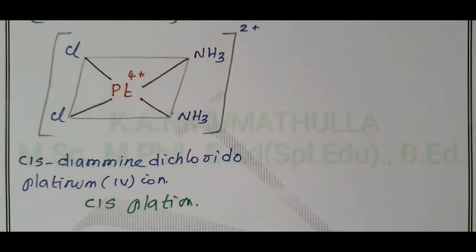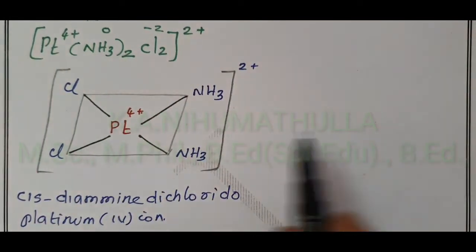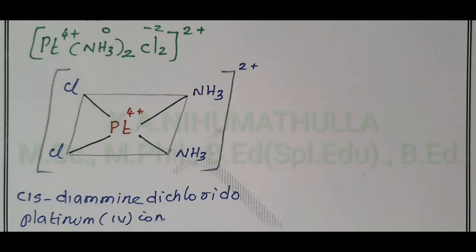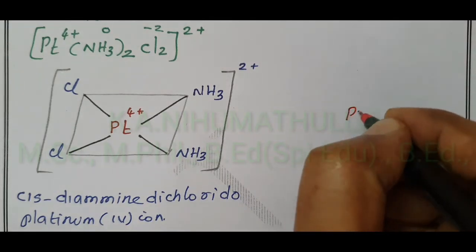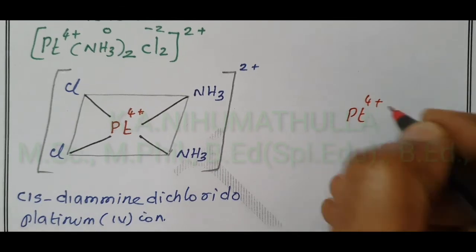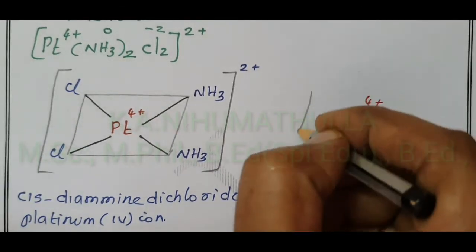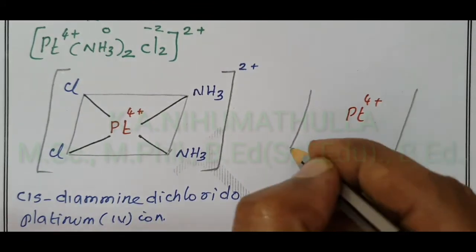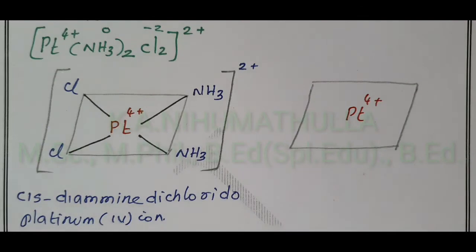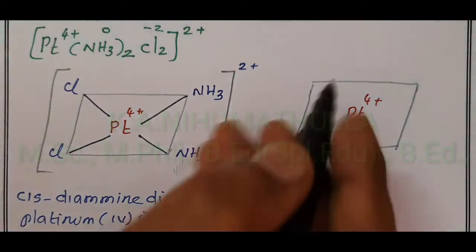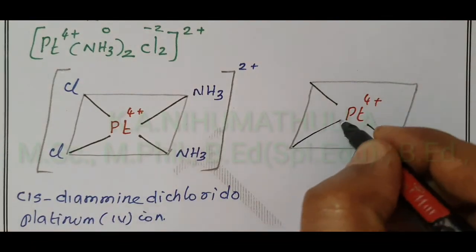There is one more isomeric structure with this molecular formula. Platinum, the central metal ion, is at the center. It is a 4 plus ion, square planar. In the four corners, 4 ligands are present: 1, 2, 3, 4.